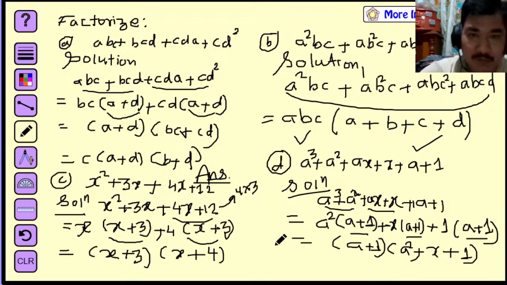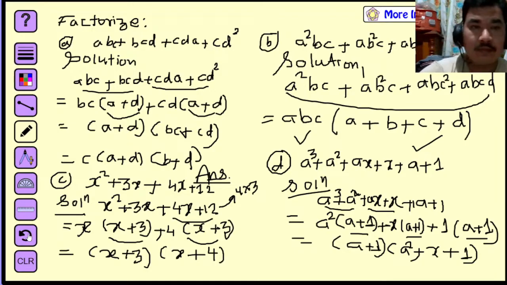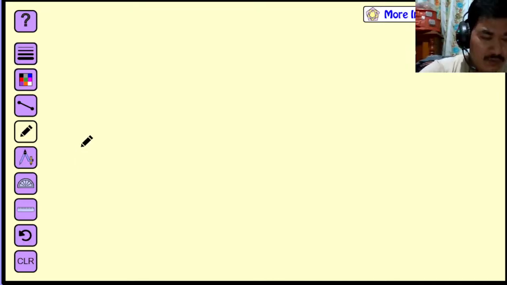Okay, children. Now I'm going to show you one more question. See here, I want to clear this now. Now I want to add one more question. Suppose the given question is factorization, look here.